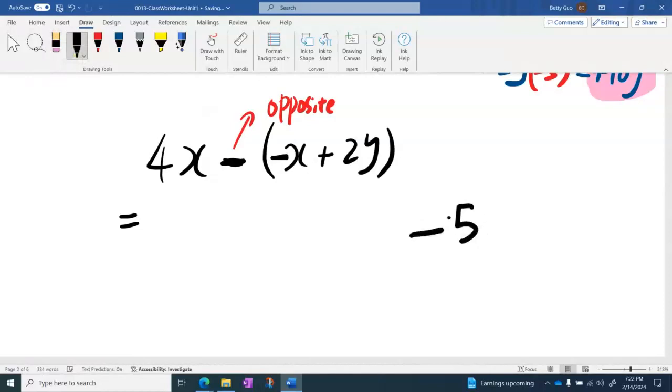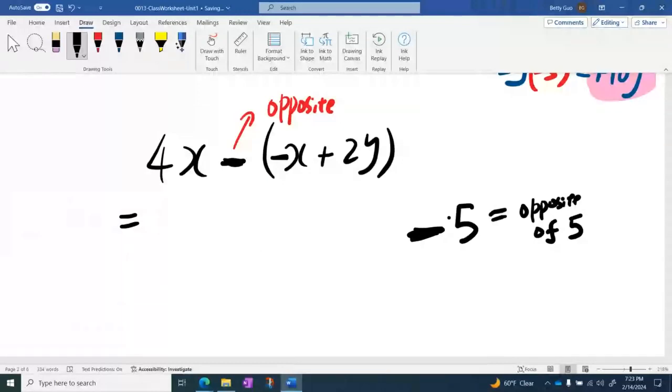What's the opposite of 5? Negative 5, right? When you place the negative sign in front of a quantity, you get the opposite. So this basically means the opposite of 5. I'd like you to see that. When you place a negative sign in front of a quantity, you get the opposite of the original quantity.